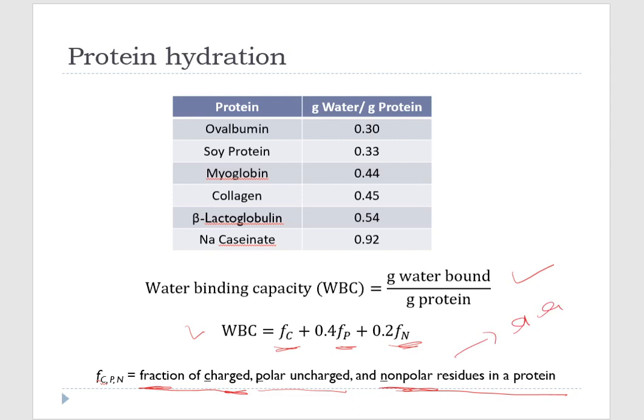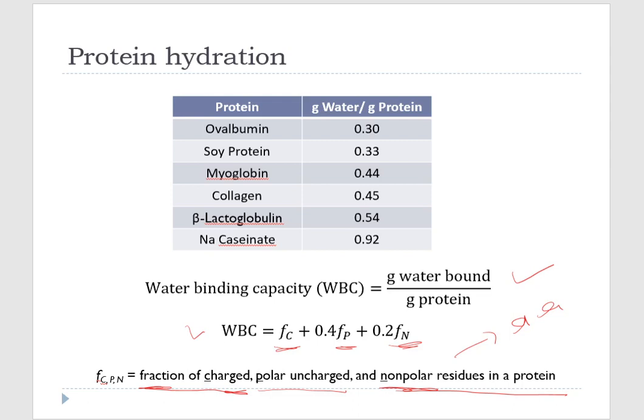Okay. So this hydration ability of proteins is very important because this hydration is necessary for their solubility in water. And the solubility of a protein is the most important functional property because the protein needs to be soluble in order to be applicable in food systems.